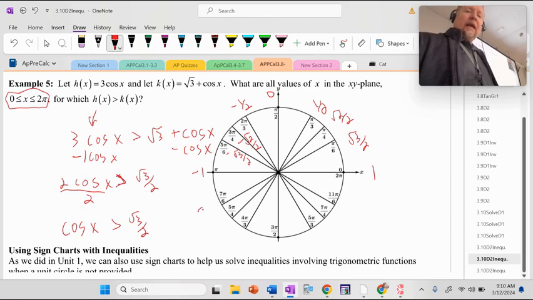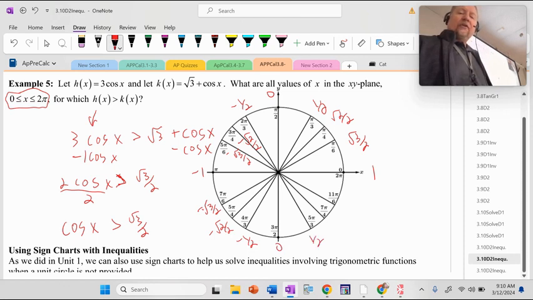We could have used these values to graph. This is what we did when we graphed. We actually filled out a chart of values. That's why I was hoping these would get memorized a little quicker by the group.